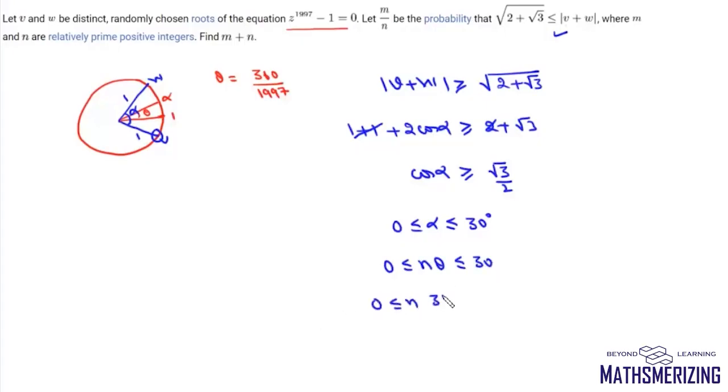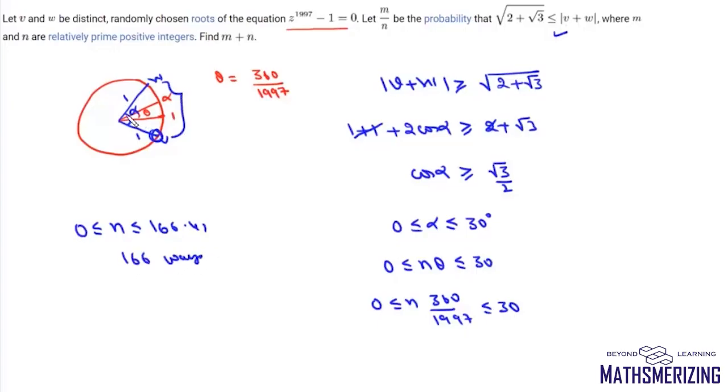Theta is 360 upon 1997, which is less than or equal to 30. Now we simplify this. We'll get the value of n between 0 and 166.41. Now we cannot take 0 because then it will be the same root, and n has to be an integer. So we can choose this other root in 166 ways for this to be true.